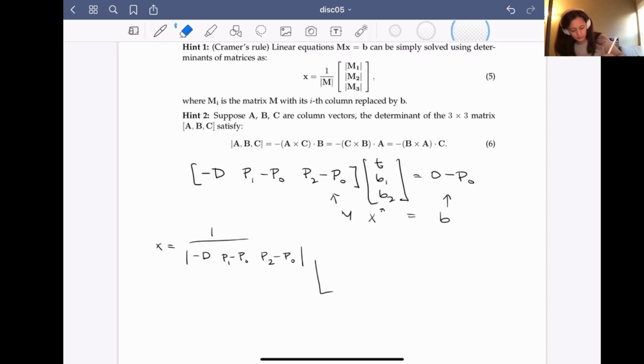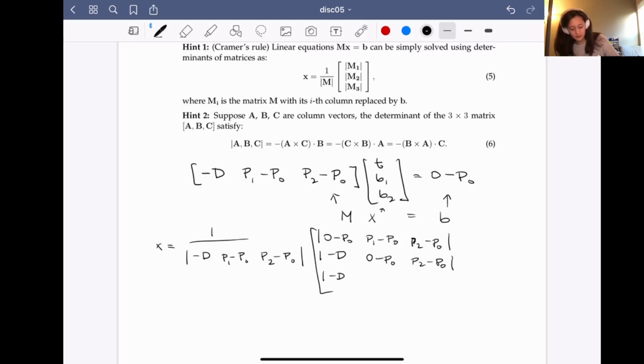So that'll give us this row, sorry. Okay, and then this is also a determinant, and then we have our row 2, which has its second item replaced by b. And then row 3 has its third item replaced by b.